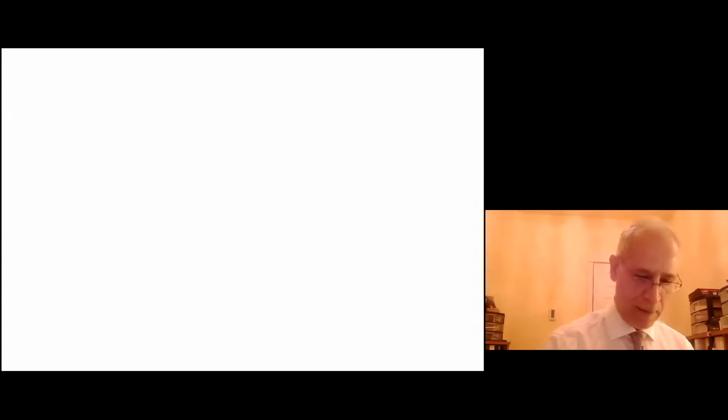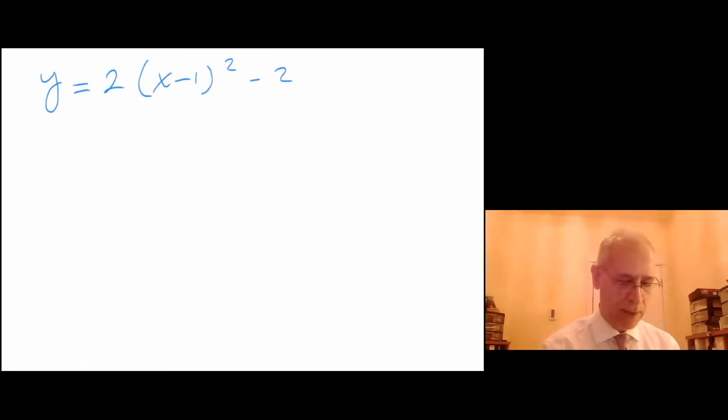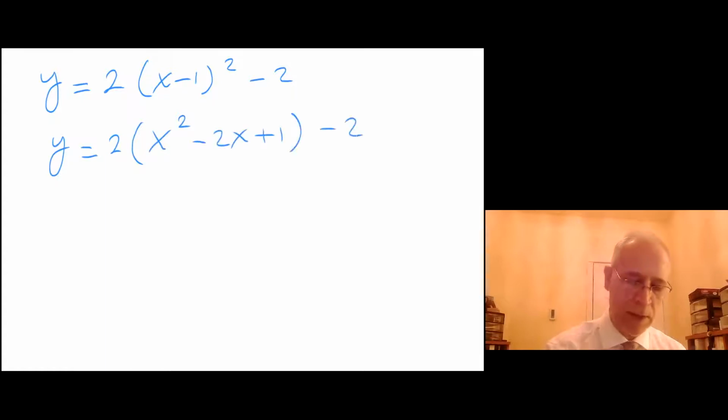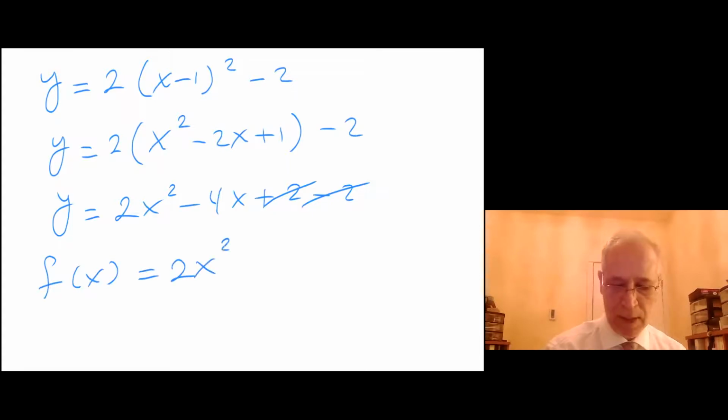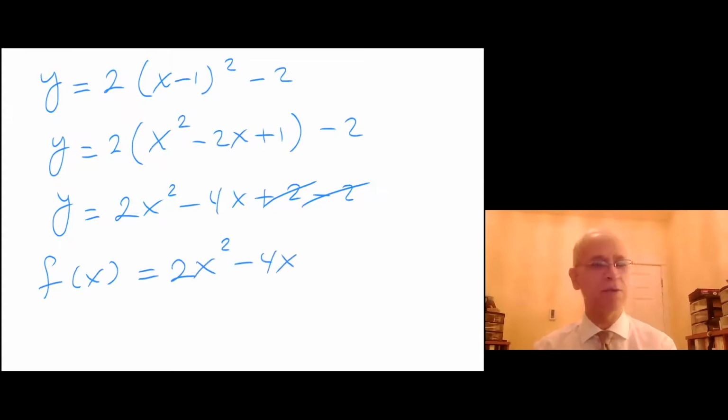So I have y equals 2(x - 1)² - 2. This is the same as saying y equals 2(x² - 2x + 1) - 2, y equals 2x² - 4x + 2 - 2, so cancel this. So I have y, or f(x), equals 2x² - 4x. And that should be good enough.